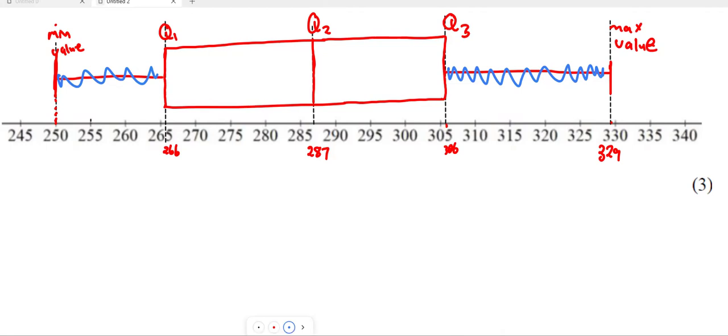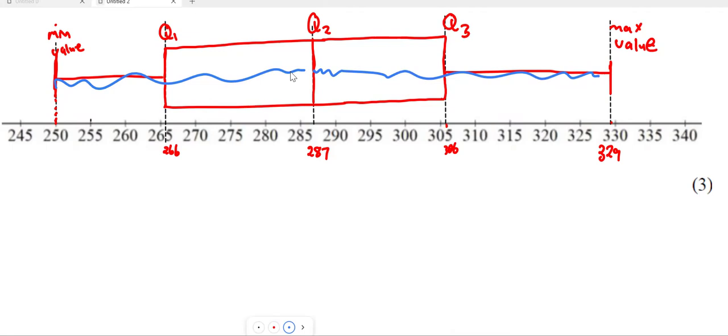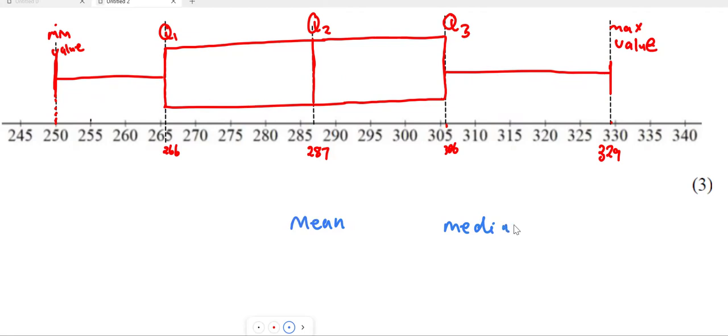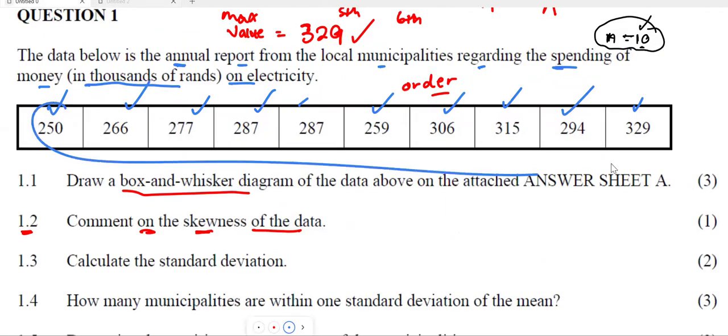But if we look deeper, we can see that the Q2 is somewhere midway. So let us have a comparison from the mean. Remember the condition of the mean and the median, the comparison that we can make between these two on the skewness. Since we have got the data values, we can just use our calculator, guys.